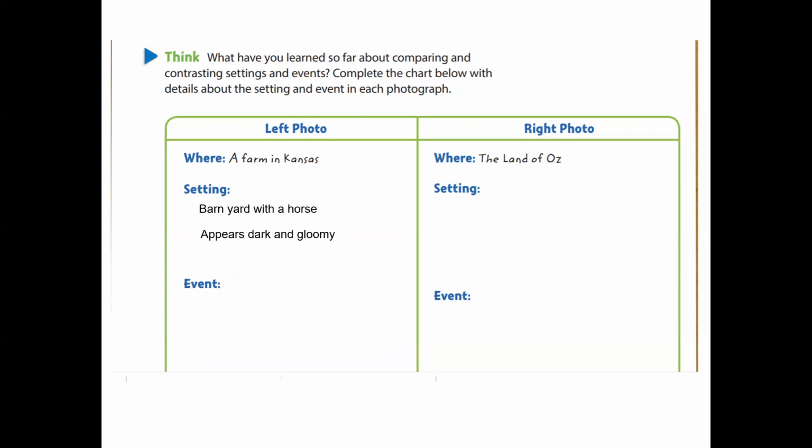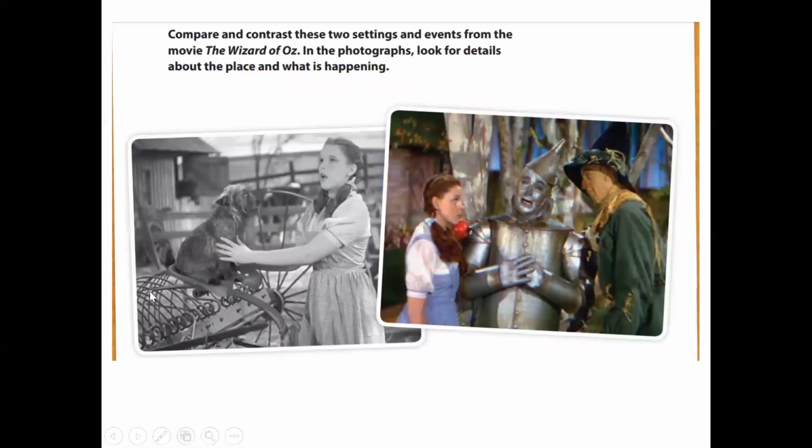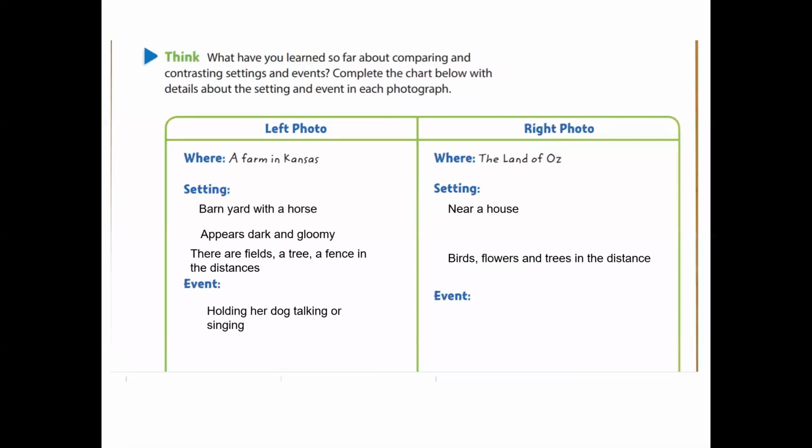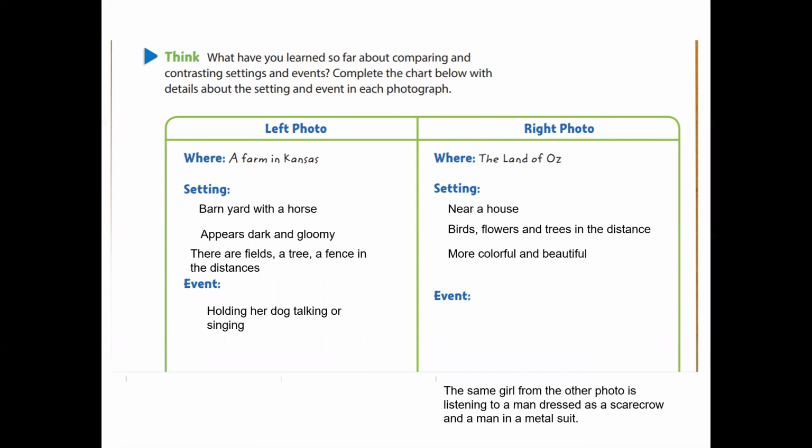You'll see that there is a little house back here, or a hut or shed of some sort in the background. There are birds and flowers and trees in the distance. It's more colorful, it's beautiful, it's a nice day. It just, like I said, is more appealing to us.